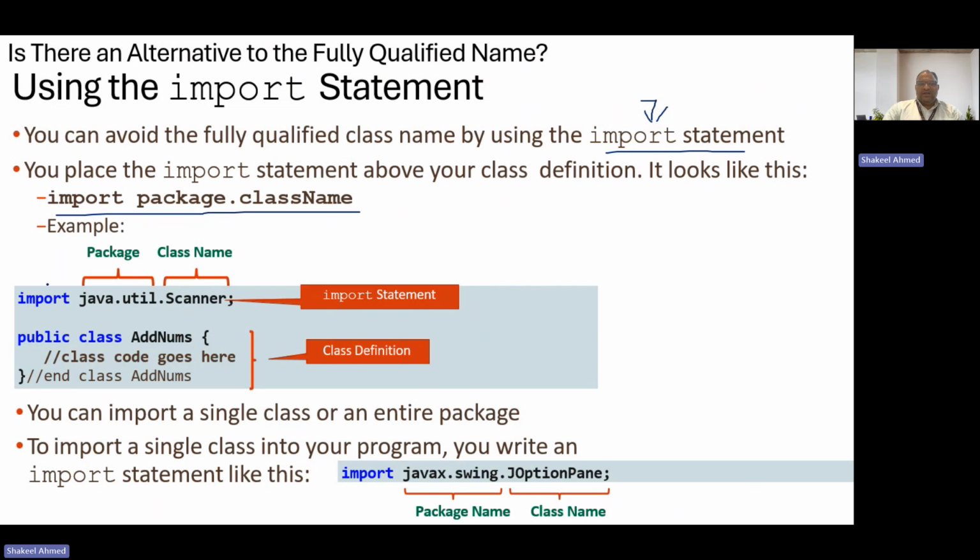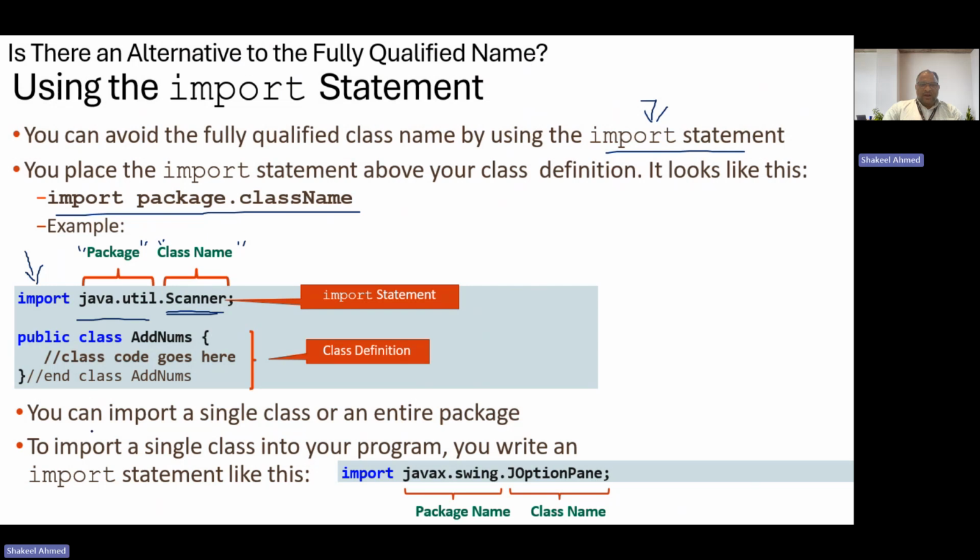Scanner is a class name which comes from java.util, so I will write the package name directly and the class name that I'm going to use. In that case, I can simply write it without giving the fully qualified name, because the import statement is already used in your program.